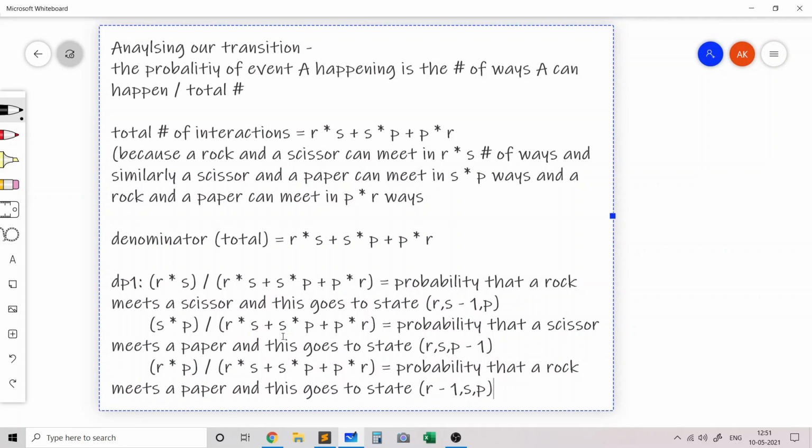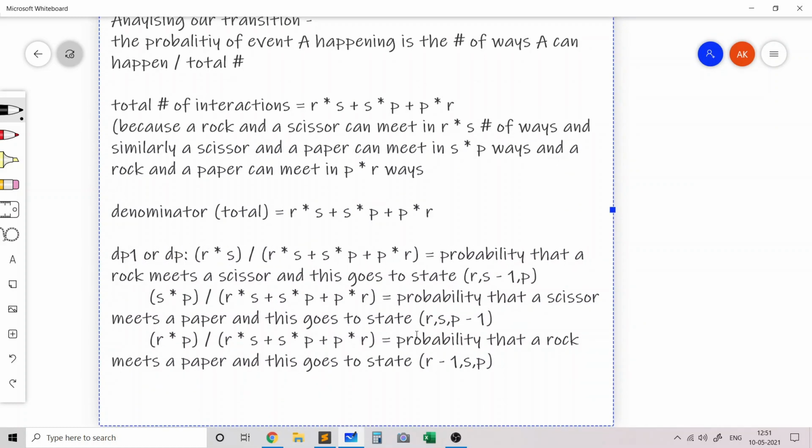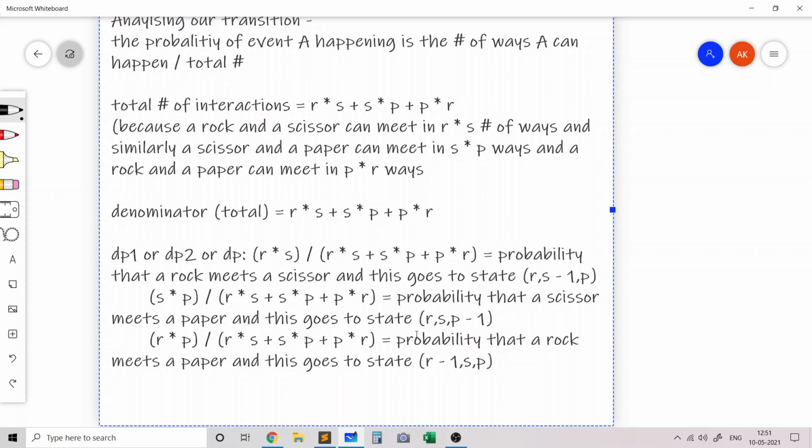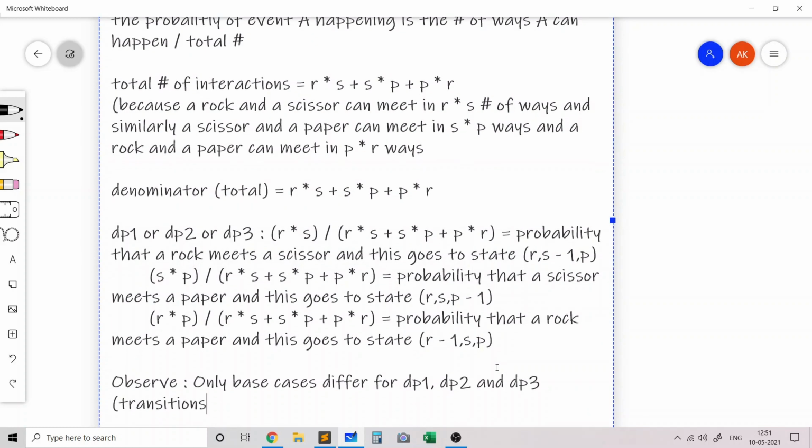But the main thing to understand is that only our base cases change. The same transition applies, but the base cases differ for DP1, DP2 and DP3. Transitions remain the same.